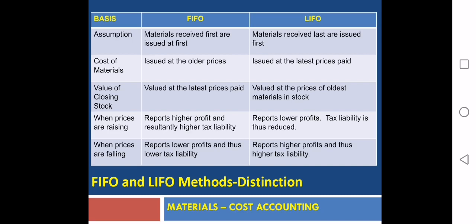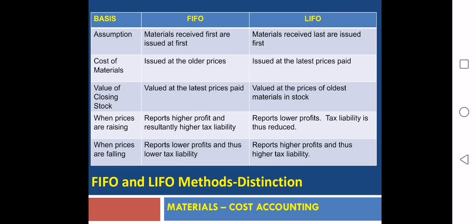FIFO reports higher profit and resultantly higher tax liability. So if the prices are increasing, you will find higher profit and tax liability. The reverse is the case of LIFO: lower profits, and tax liability is reduced.